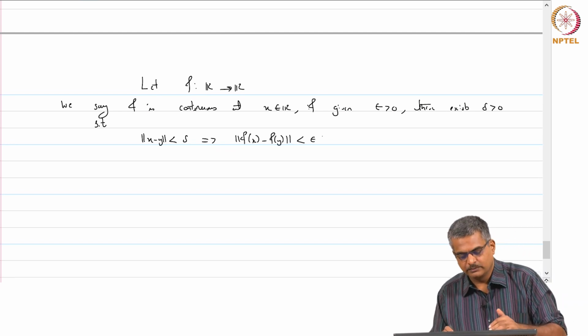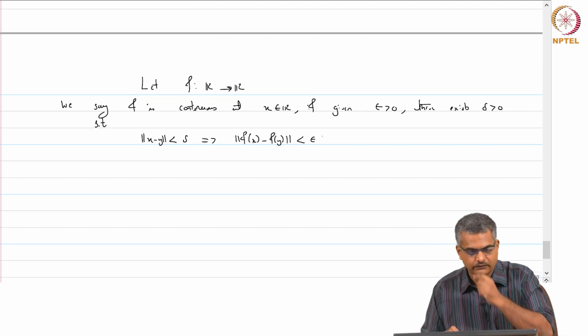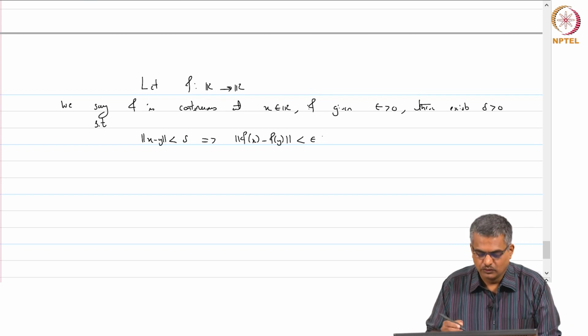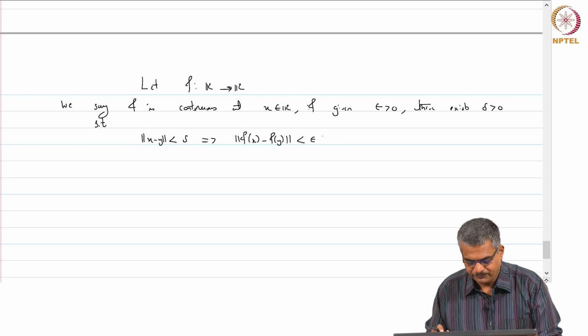Of course, here you can replace the norm by absolute value because we are going from real line to real line, but this definition holds in general for mappings from Rn to Rn space.